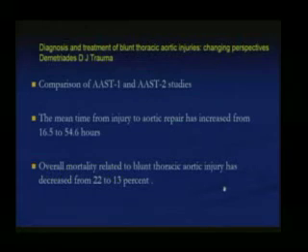And overall mortality related to blunt thoracic aortic injury has decreased from 22 to 13%, because nowadays we are focusing definitely on the thoracic injury, but on other associated injuries as well, stabilizing the patient more, controlling the blood pressure more, and then performing the procedure.